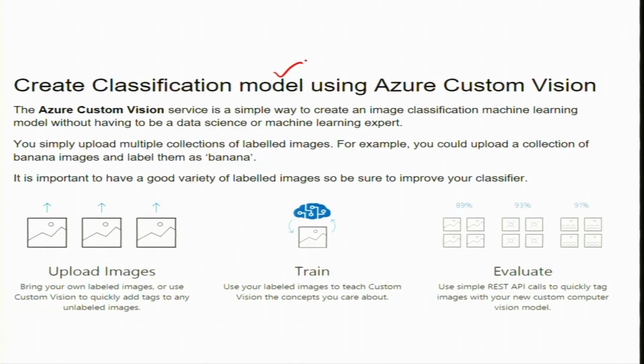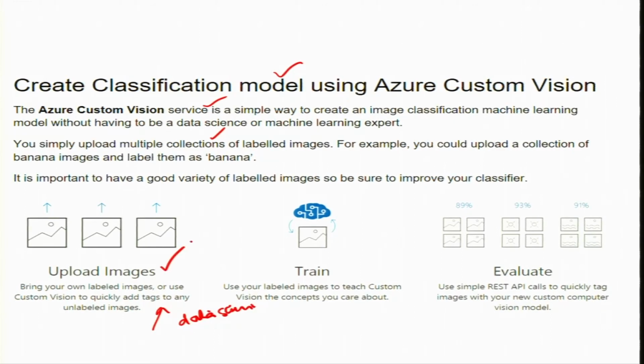So, let us come back to our point to understand more about these setup details. We have to create the classification model using Azure Custom Vision. The Azure Custom Vision service is simple to create an image classification machine learning model without having to be a data scientist or a machine learning expert. So, what you have to do now is become like a data scientist.